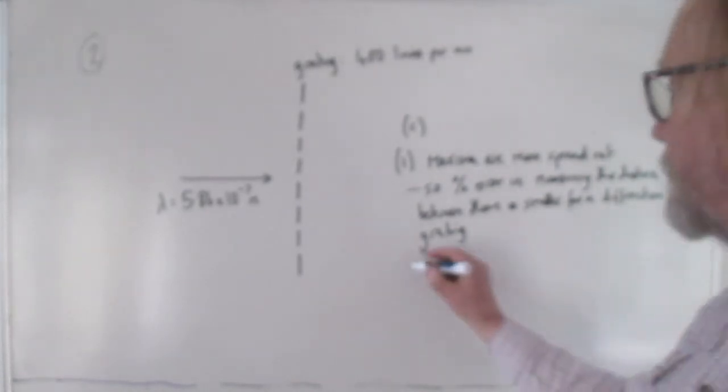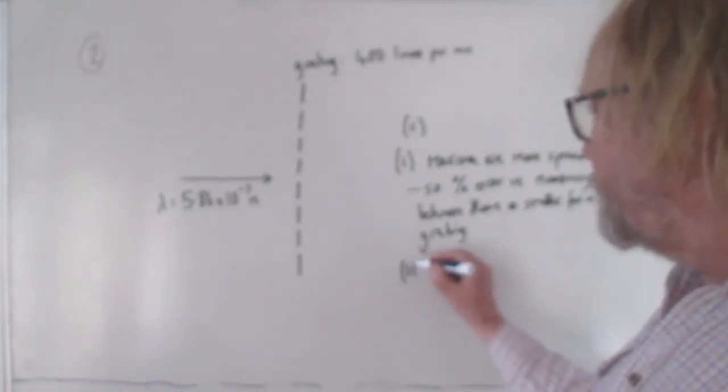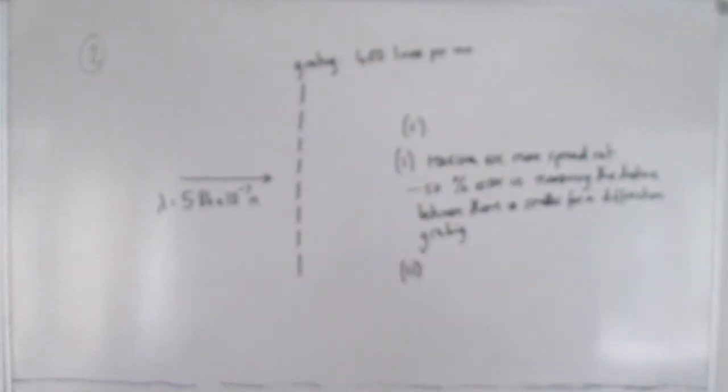The second thing is that the effect of having many sources instead of just two is that you get much more effective destructive interference in between the maxima. And so you get much sharper, brighter lines than you would do with just two slits. And obviously that makes it easier to pinpoint the maxima.